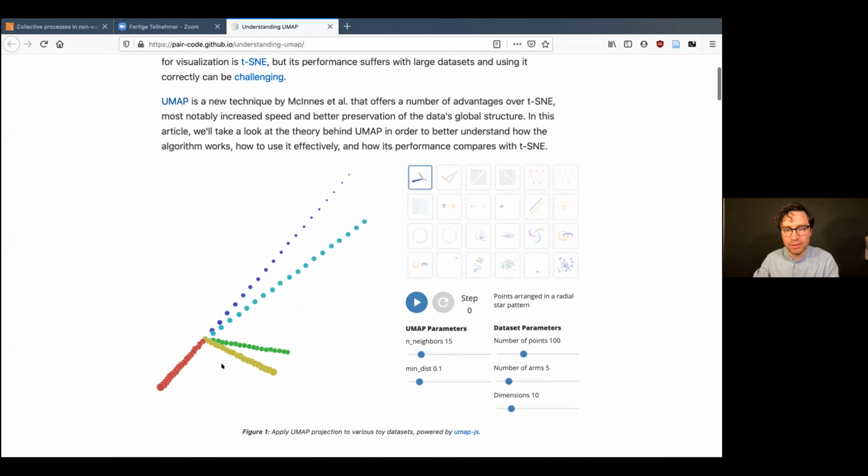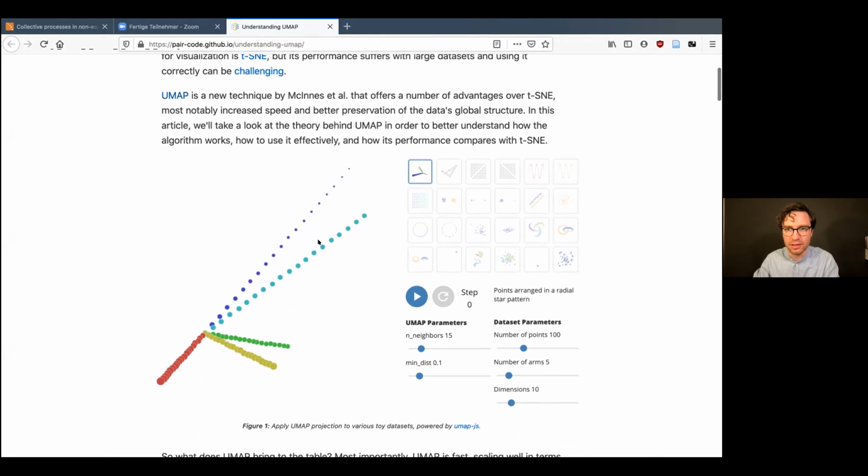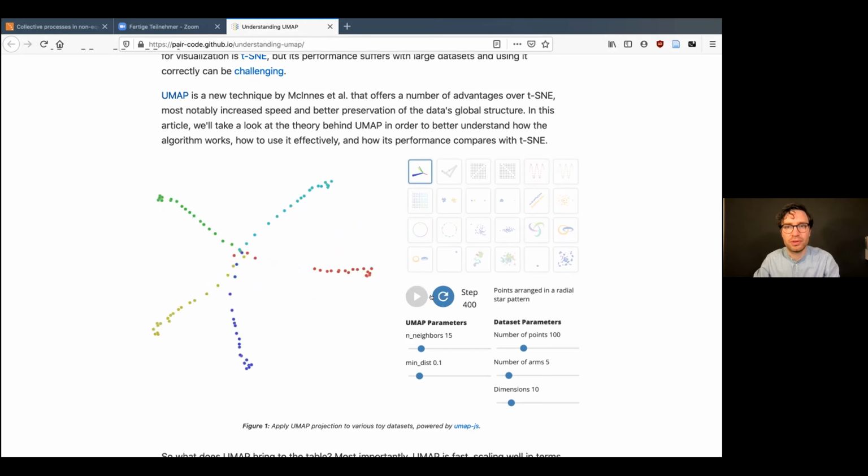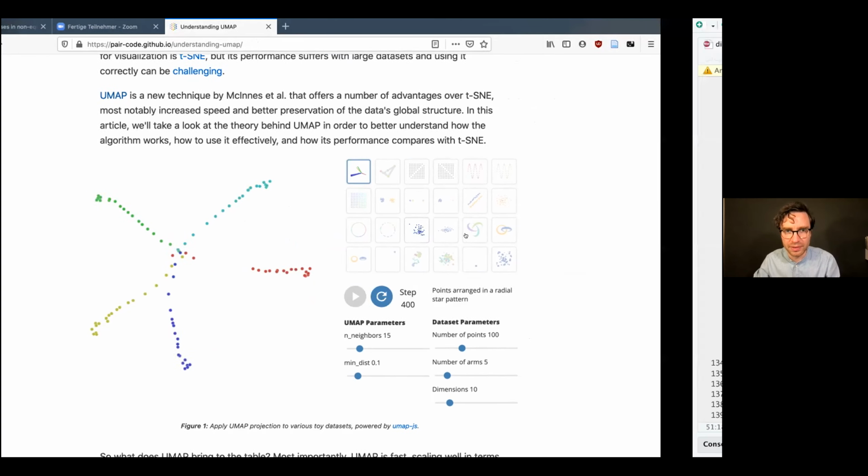This is 3-dimensional data, or actually 10-dimensional data in this case, I think, and this is a 3-dimensional projection maybe. And now if you run UMAP, these dots are shuffled around randomly, and you stop when you have a topological representation which is very similar. In this case, it is also this star-shaped pattern, but now in 2 dimensions. And if you want, there are many more examples here, and you can play around with this.